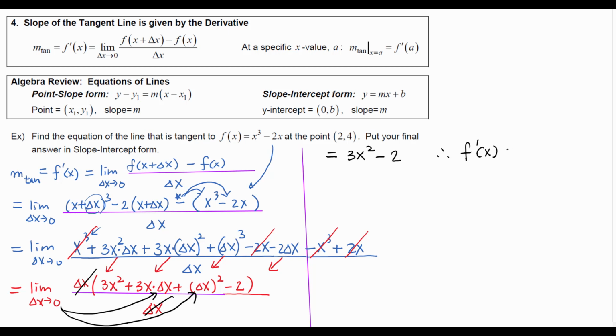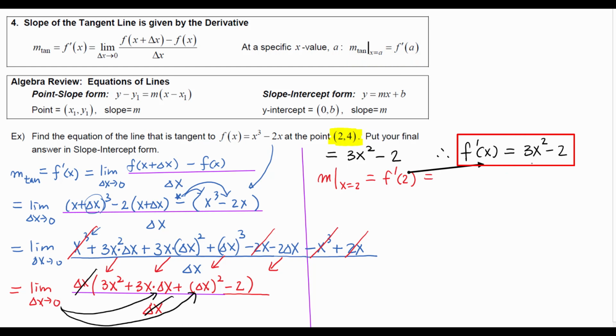My derivative function, the slope function, is 3x squared minus 2. With this, I can find the slope of a tangent line at any x I want. But I want the slope of a tangent line especially at this point, 2, 4. So the slope m at x equals 2 is f prime of 2.